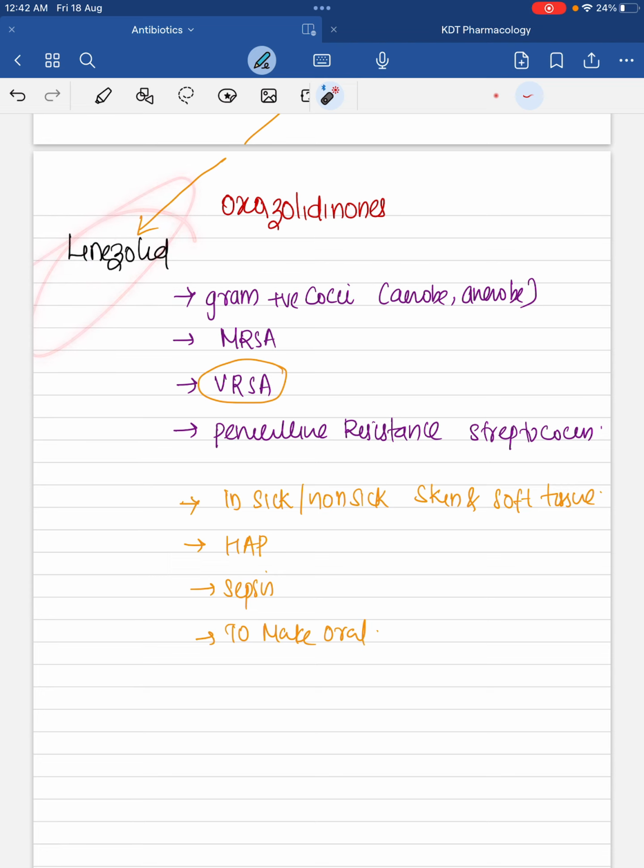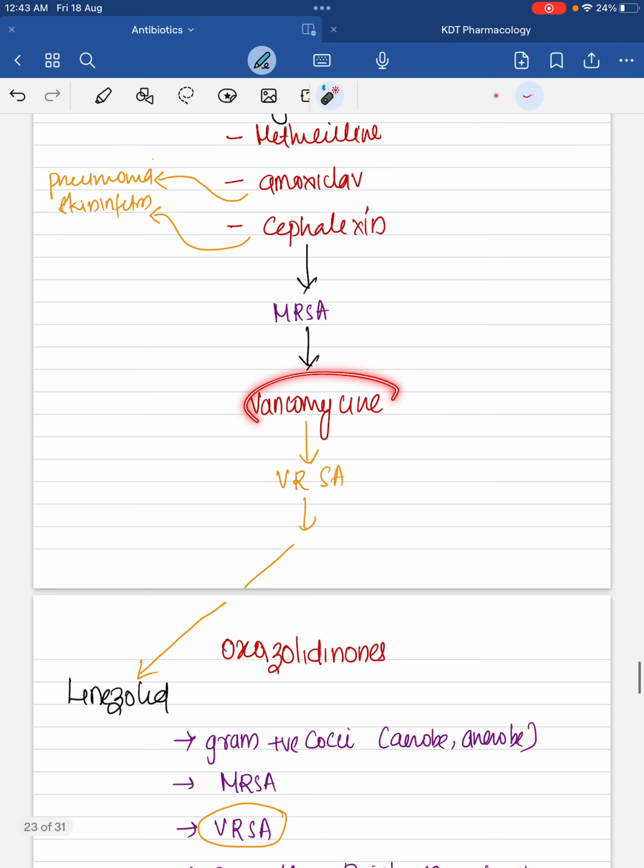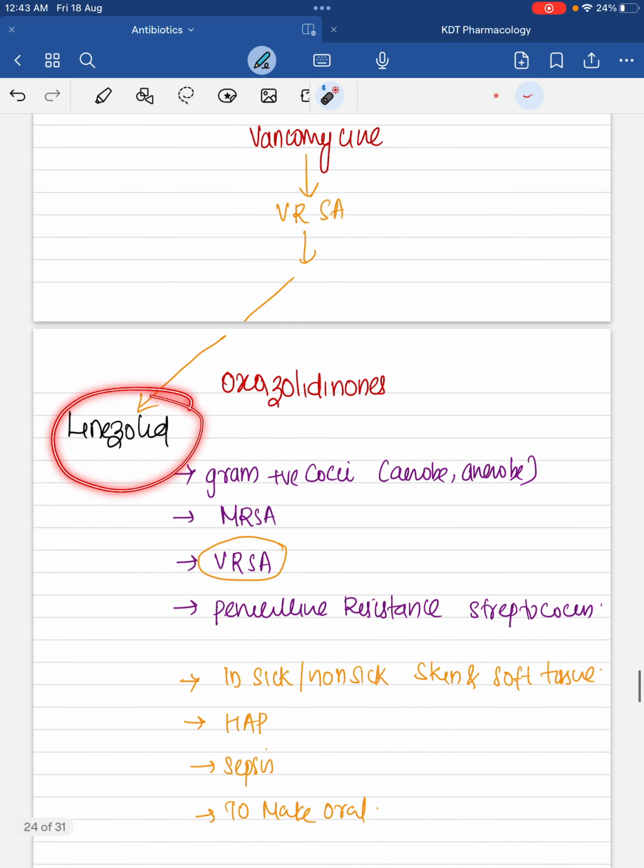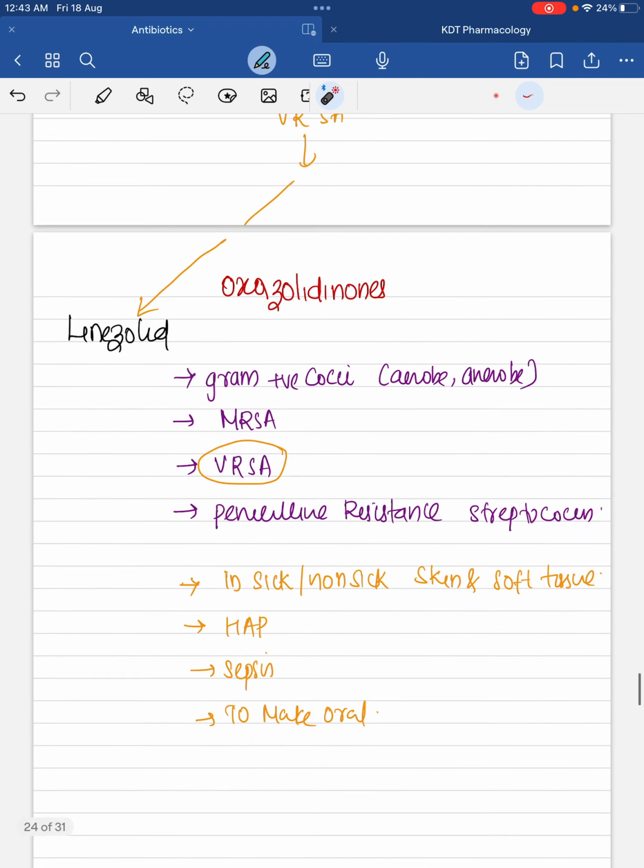If we start using linezolid like any other drug, then again the bacteria will become resistant against linezolid also. So only in a limited setting are we using linezolid. One such limited use is when we want to change vancomycin to oral, then linezolid is the choice, because linezolid is available in oral dosage also.